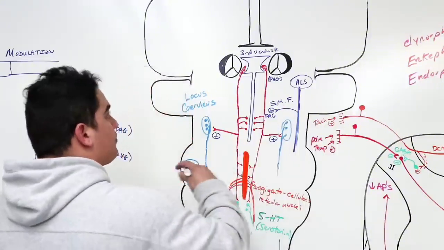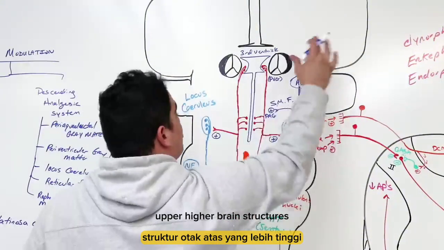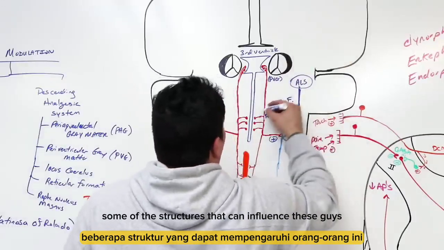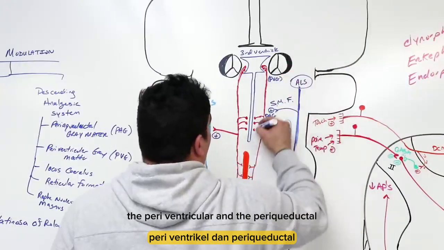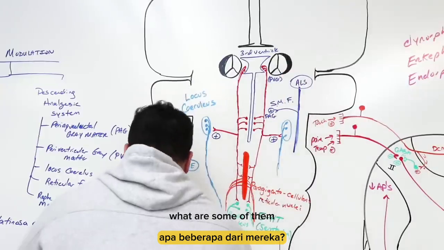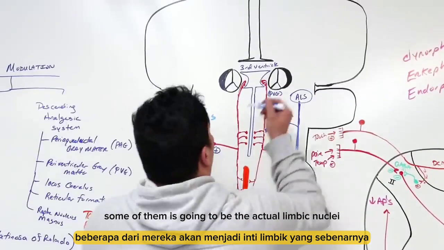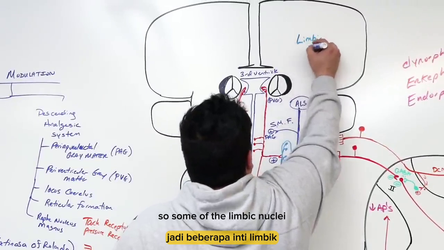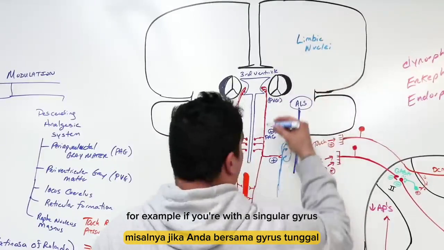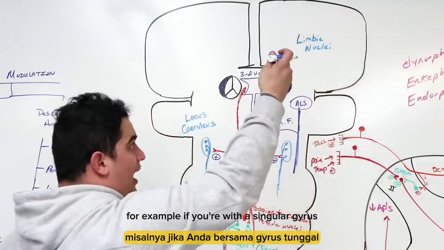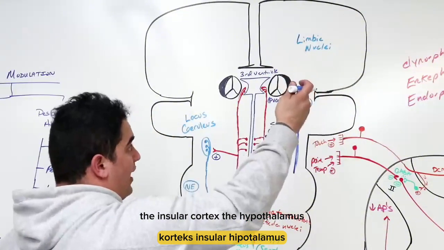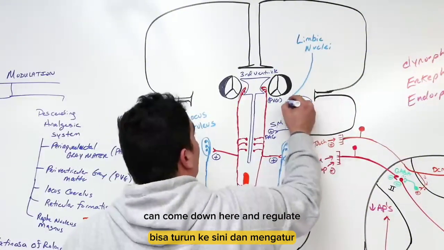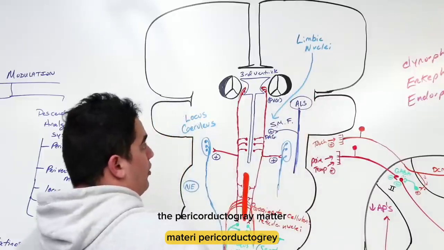What else? Upper, higher brain structures. What kind of structures? So some of the structures that can influence these guys, the periventricular and the periaqueductal, what are some of them? Some of them is going to be the actual limbic nuclei. For example, the cingulate gyrus, the insular cortex, the hypothalamus, there's so many different structures that can come down here and regulate the periaqueductal gray matter.